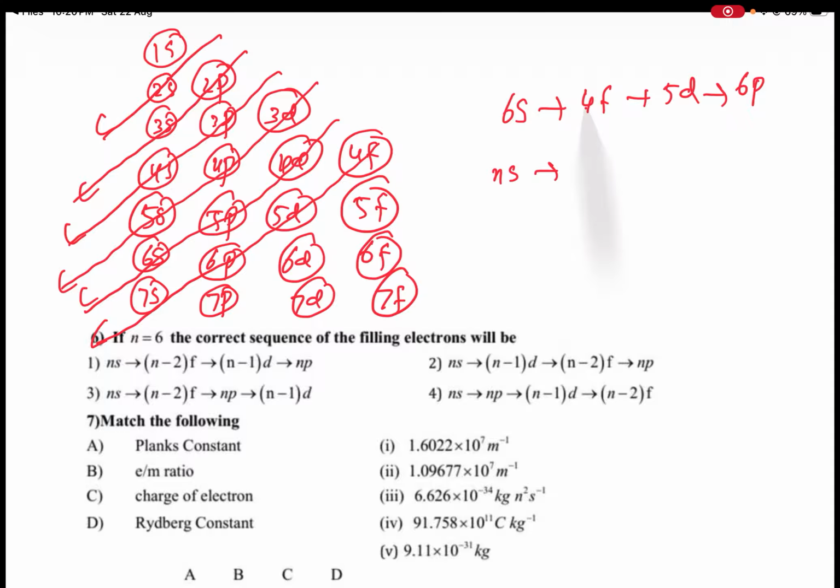For the 4f orbital, n is 6 minus 4, that means n minus 2 f orbital. Next for 5d, it is n minus 1 d, because 6 minus 1 gives 5. Next np. So this is the order of filling of electrons when n is equal to 6. The option given is ns, n minus 2 f, n minus 1 d, np. So the first one is the correct one.